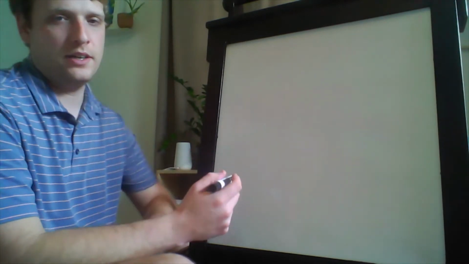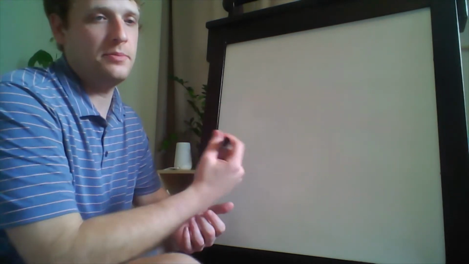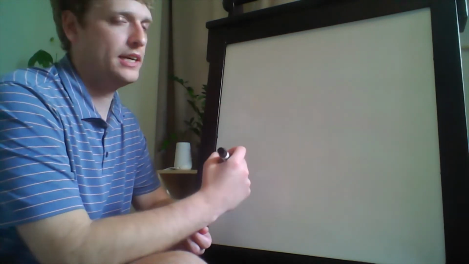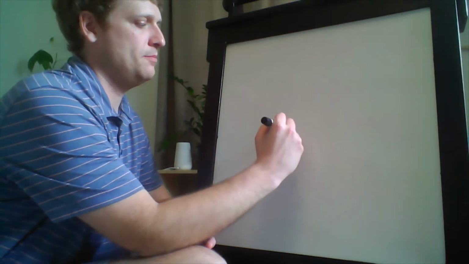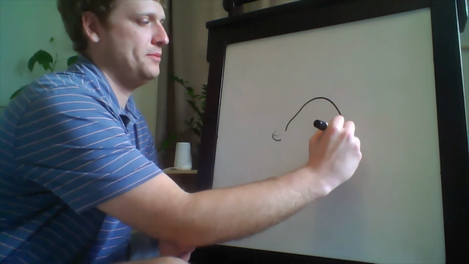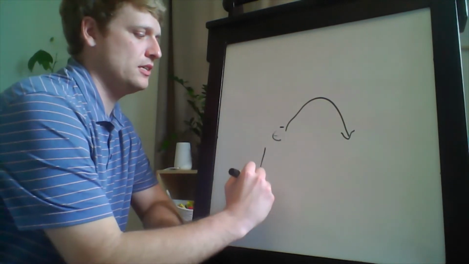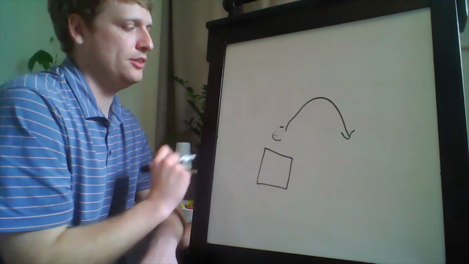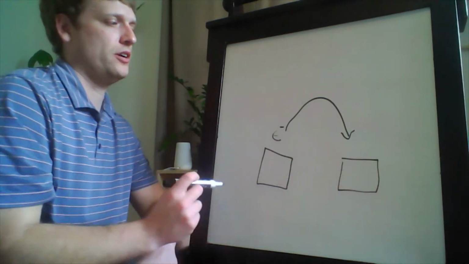So we mentioned the oxidation reduction reaction. The substance that's being oxidized is losing an electron. So you have this electron that's moving from one substance to the other. Let's say this is a substance that's losing an electron. This is a substance that's gaining an electron.